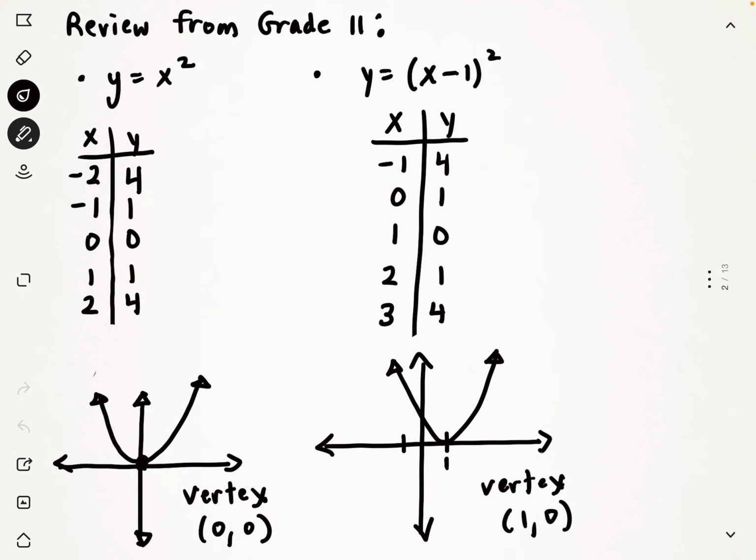You can see in the visual representation on the bottom that the graph moves 1 unit to the right when you have x minus 1. So if you had x minus 2, it would move 2 units to the right and so on.